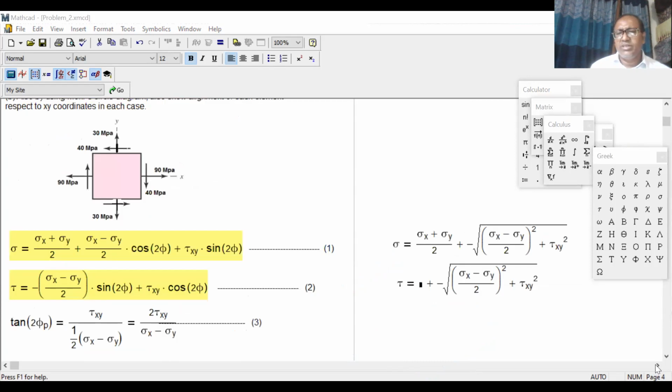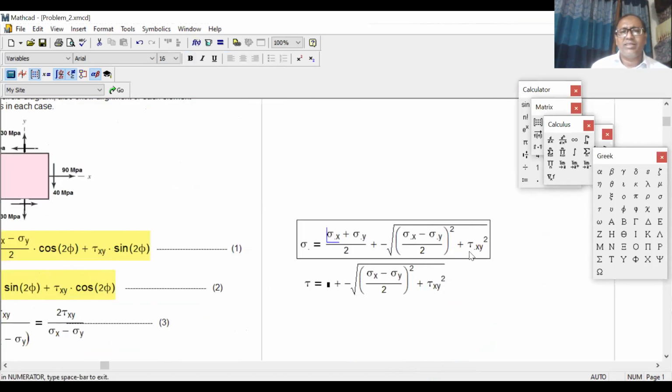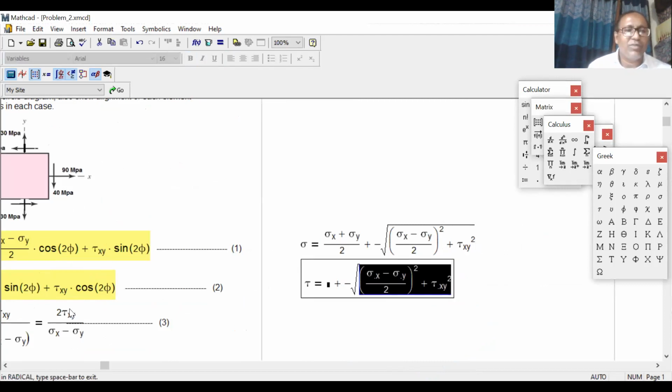If we use this formula, sigma x, sigma y, this formula, you will get the same value. If you're not getting the same value with this one, that means you did something wrong. So in the exam, what we can do is use the formula I mentioned in the MathCAD file. Then on the other side, you just do a rough calculation. It takes only 1 minute to make sure that your result is right.